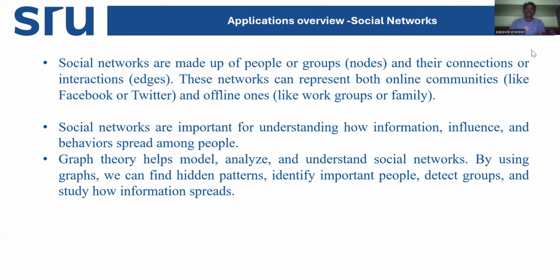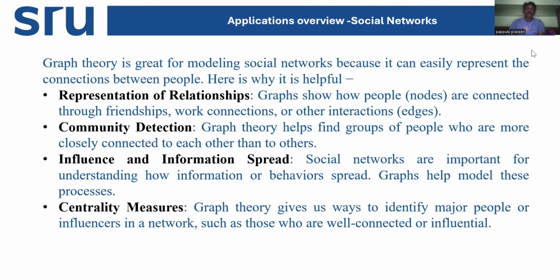This is the application overview of social networks. Mainly, one point is connected with another point, and that point is called the vertex. Graph theory is great for modeling social networks because it can easily represent the connections between people. Here is why it is helpful.